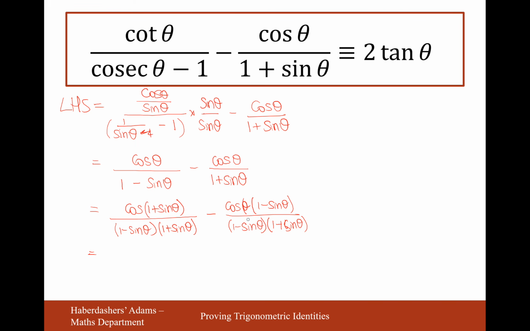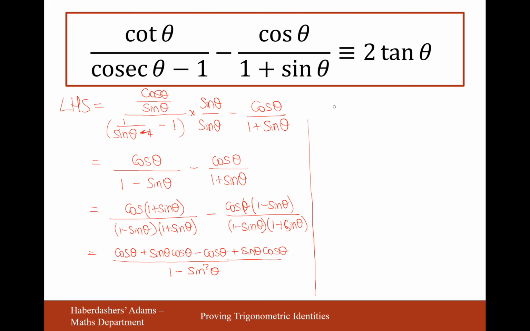Right then, so let's now add these fractions together and expand the brackets on top and bottom. We're going to get cos theta plus sine theta cos theta minus cos theta, and then for the double negative it's going to be plus sine theta cos theta, and then that's all going to be over 1 minus sine squared theta when we expand the brackets.